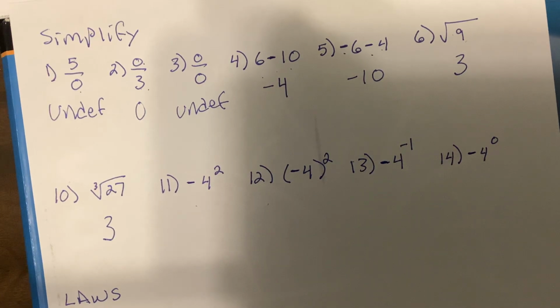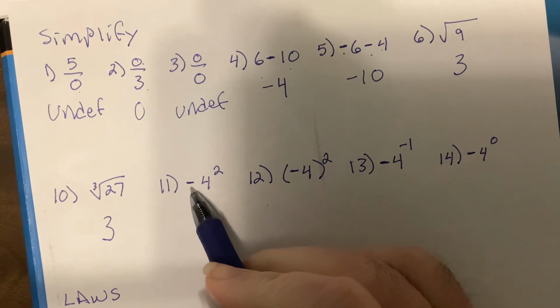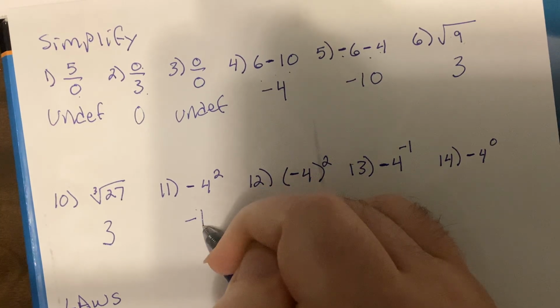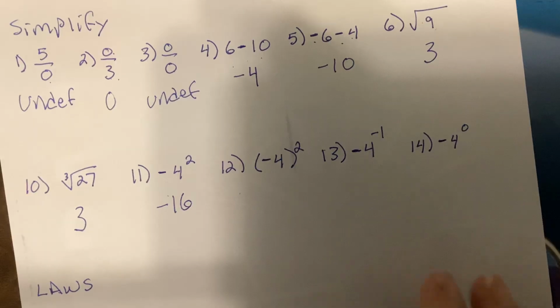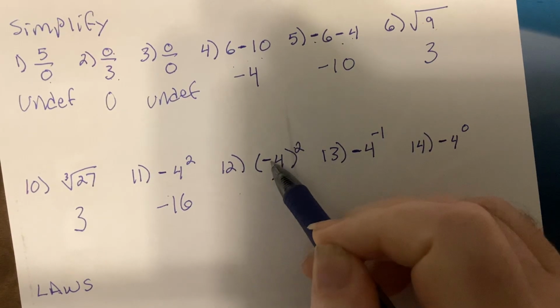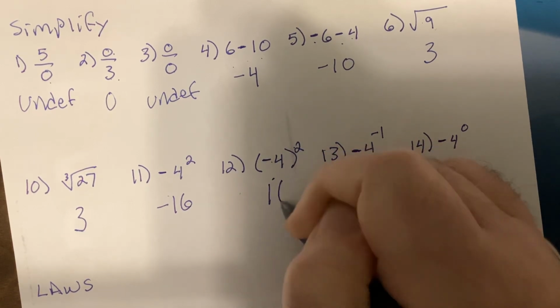Now, 11 and 12, most people get wrong. I would asterisk this and review it, because it should be 3 points. Not in parentheses. The negative is not affected by the square, so this is negative 16. This is in parentheses, so the square affects it. So a negative squared would be positive.